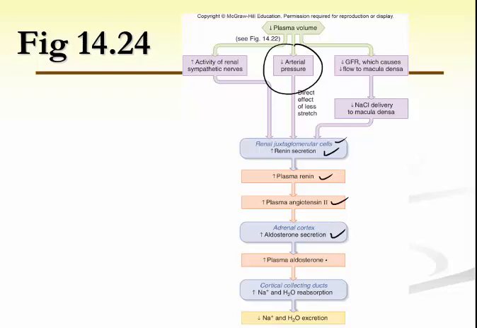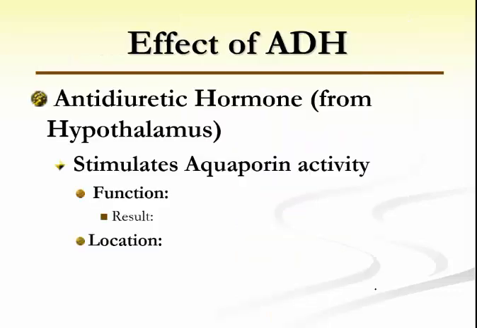And aldosterone increases in the blood plasma and is going to have an action at the collecting ducts, also at the distal convoluted tubule, by increasing sodium reabsorption by sodium-potassium ATPase, and therefore water follows it, and that will decrease the amount of water excretion and increase blood water volume through reabsorption.